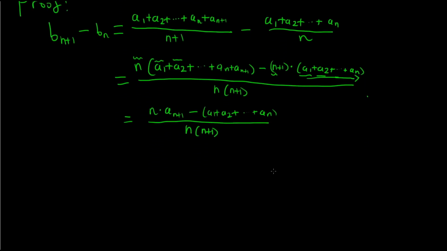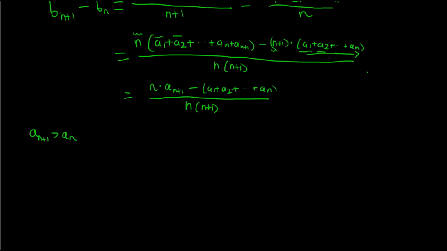Now, we know that the an's are strictly monotone increasing, and in maths we mean an plus 1 is greater than an. This is true for every n, and more specifically it means an plus 1 is bigger than all of the smaller terms here.